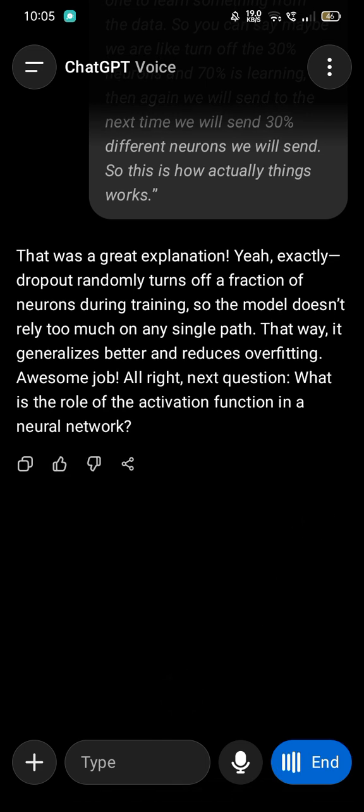Oh, the activation function basically decides which information is important, which information we have to pass forward inside the neural network, and which we do not have to pass. It adds non-linearity to the neural network so it can learn complex patterns, and it decides which information we have to keep and which we have to forget.